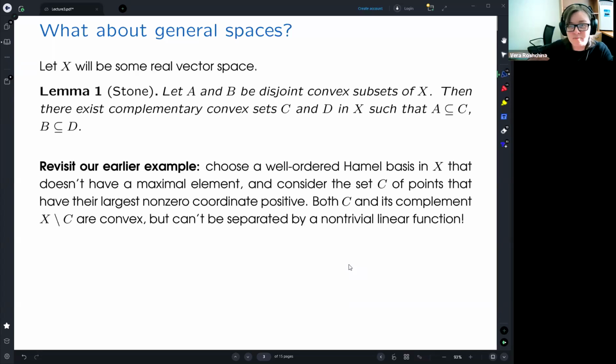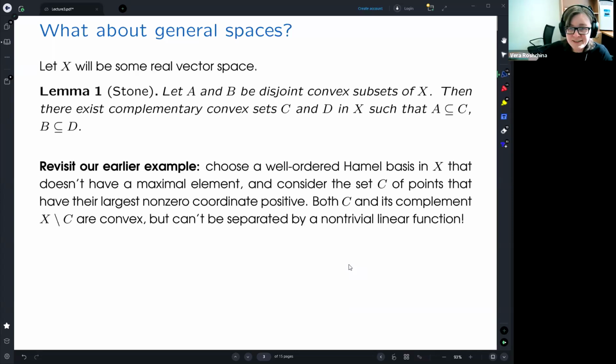But we don't talk about closure or interiors or open sets and closed sets as yet. We only have a linear space. And amazingly, just with that structure, a lot of very interesting things can already happen in infinite dimensional spaces. And we can look at a lot of things related to the structure of convex sets, without any topology, nothing like that.